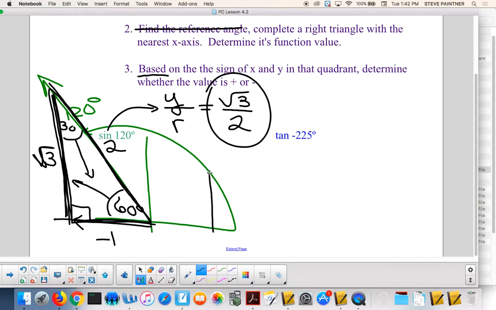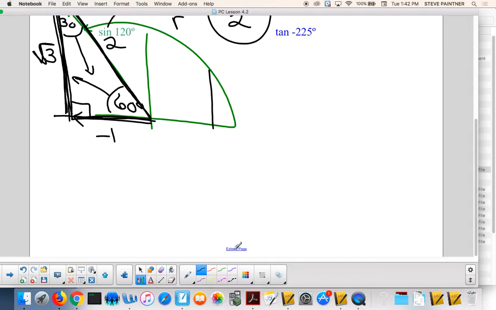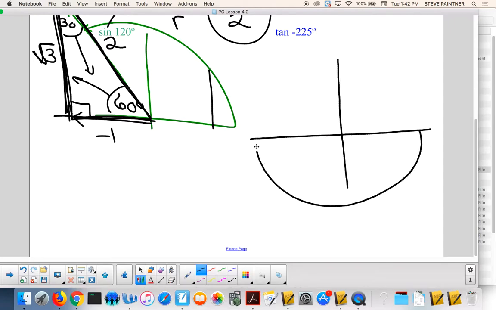Okay? Tangent of negative 225, go. Do it. Who knows the reference?